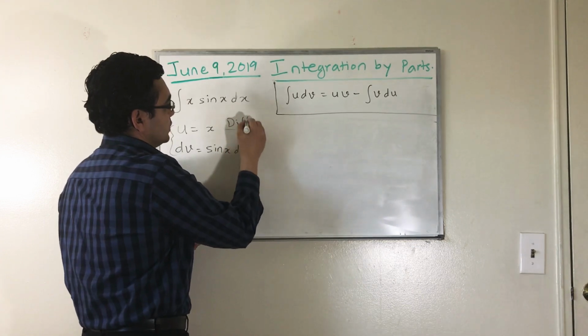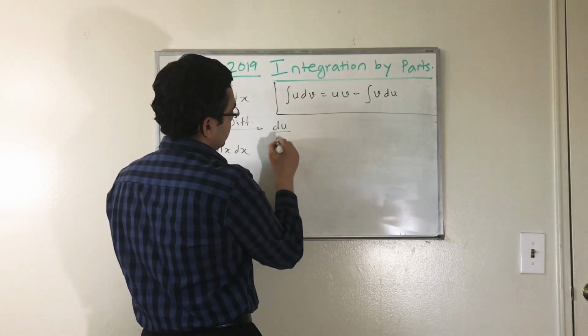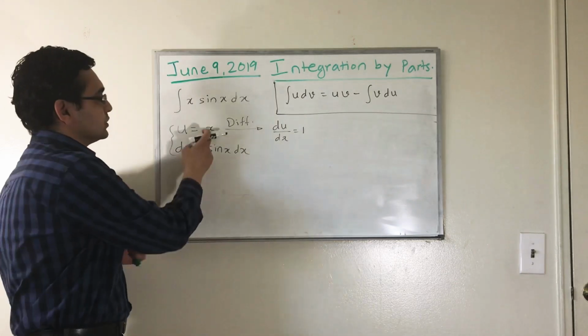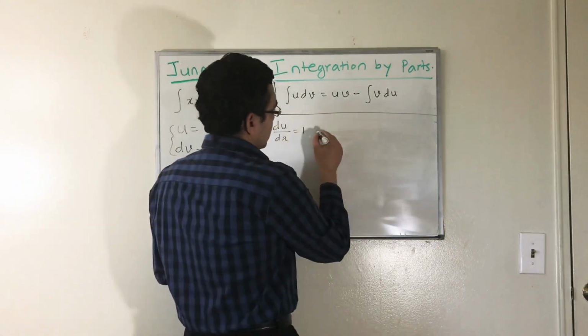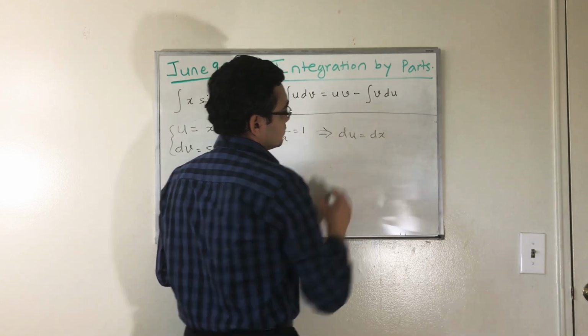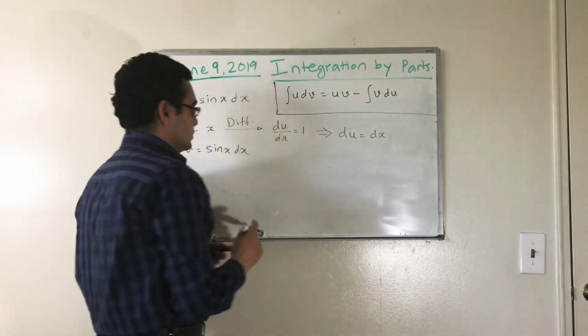I get du over dx is equal to 1. Simple differentiation of x. And this gives me du equal to dx. Actually, it's just 1 times dx, which is nothing but dx.